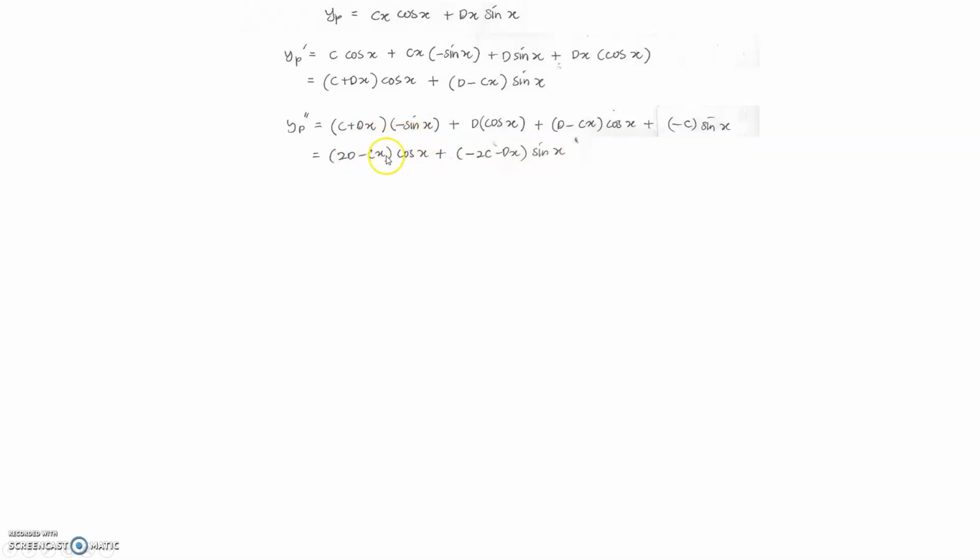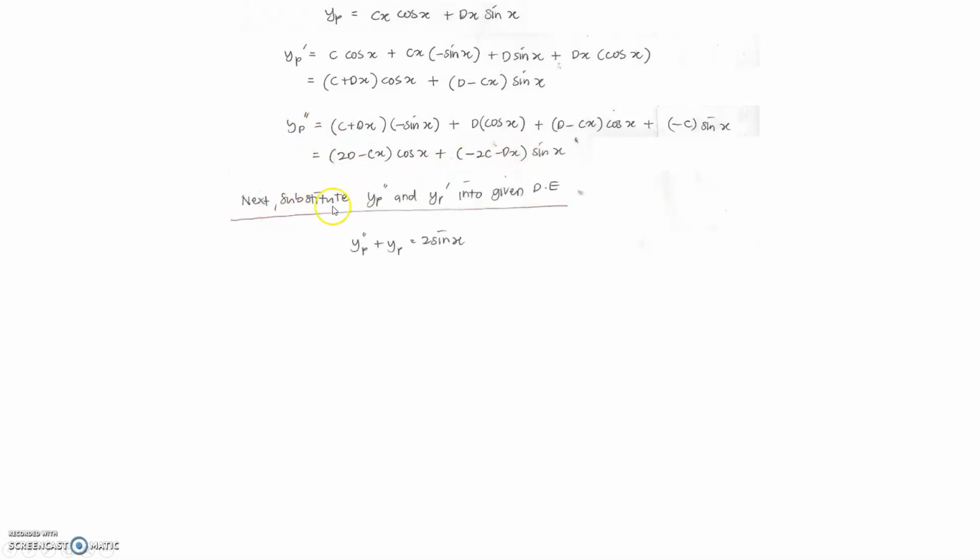For cos x, I have d minus cx plus d. So d plus d, you get 2d, so 2d minus cx cos x. And for sin x, I have negative c plus dx minus c, so what I got is negative 2c minus dx. So this is my yp double prime.